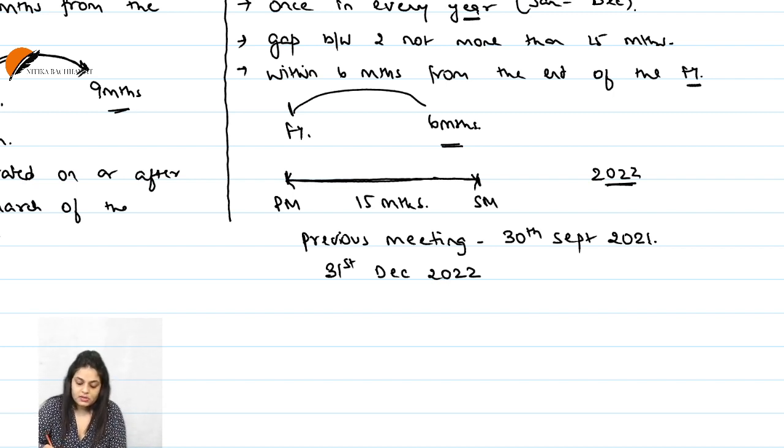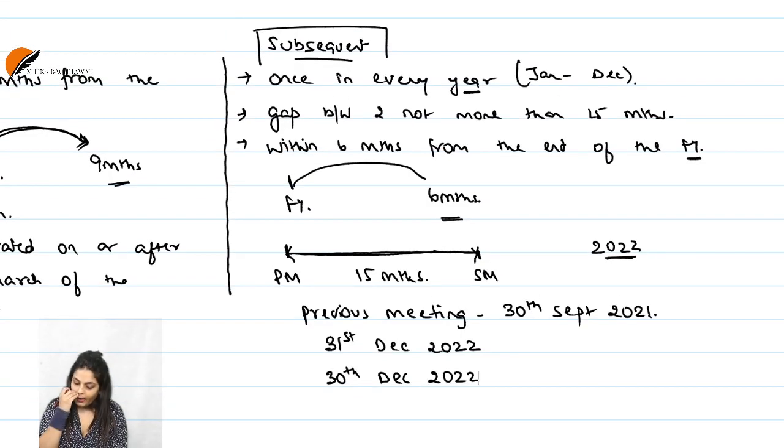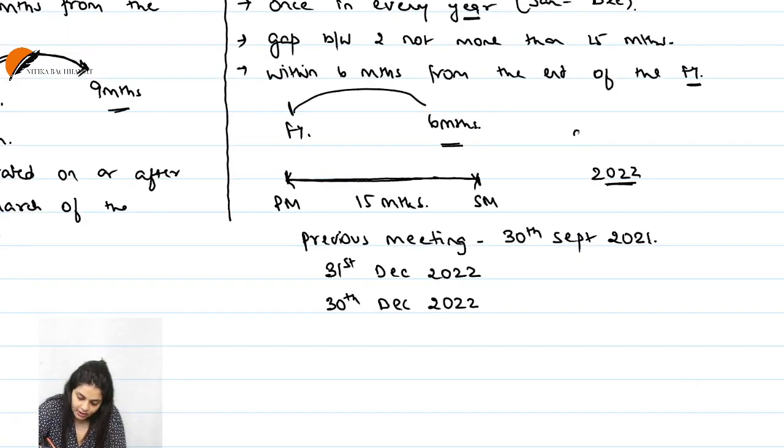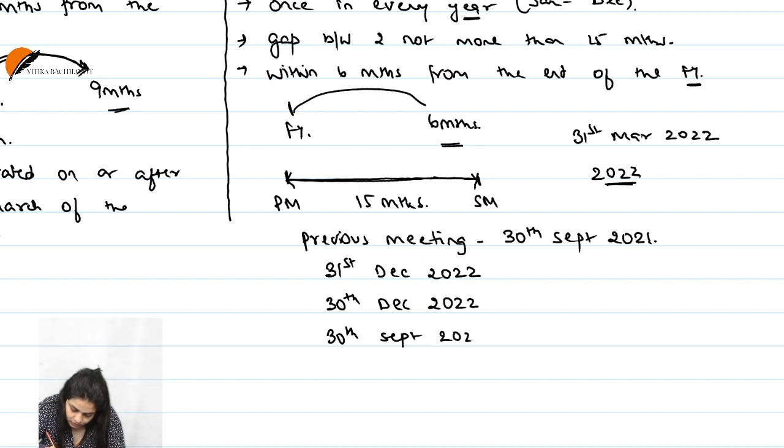Gap between two not more than 15 months. So this was 30th September. So if I add 15 months, it comes to 30th December 2022. Correct? And within 6 months from the end of the financial year. So the financial year must have ended on 31st March 2022. So 6 months from that is 30th September 2022.